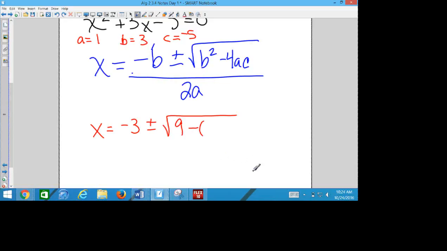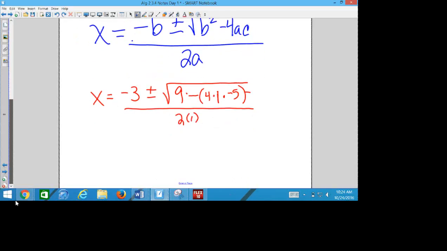And I like to write 4 times my A value times my C value. Then I like to close parentheses and put all over 2 times A. Which is just 2. And you could just write 2, but for notes, since this is being recorded, I'm putting 2 times 1, just in case anybody's watching it hasn't seen this yet.